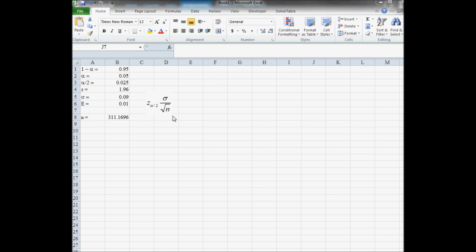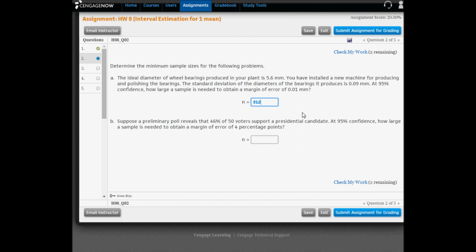Now remember from your algebra class, as n gets smaller, the standard error gets bigger, and the margin of error gets bigger. If we use a bigger n, the standard error will be smaller, and the margin of error will be smaller. We always round this calculation for n up to the nearest integer. If we use 312, then we're going to have a margin of error less than 0.01. We copy that into the answer blank.